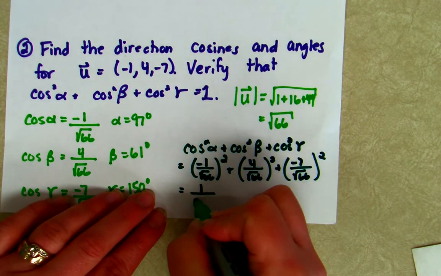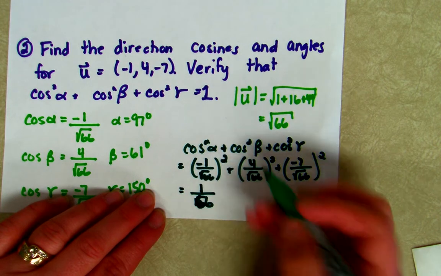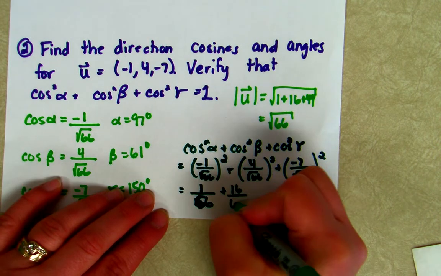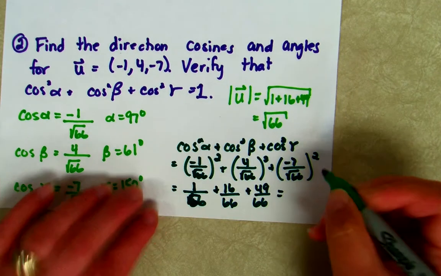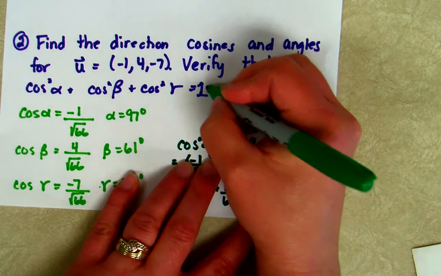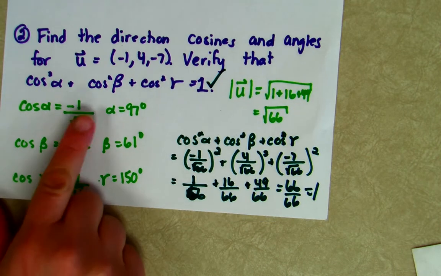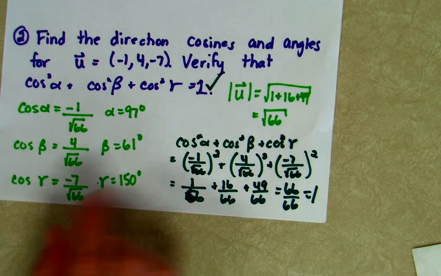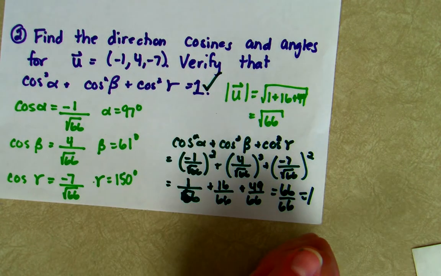So then I get 1 over 66, because root 66 squared gets rid of the root, plus 16 over 66, plus 49 over 66, and if you add that, you get 66 over 66, which equals 1, so we have verified. So that relationship is true. If you square the cosines and add them together, you'll always get 1. Don't look for a relationship in between the angles themselves.